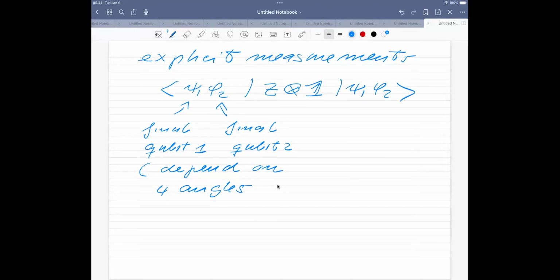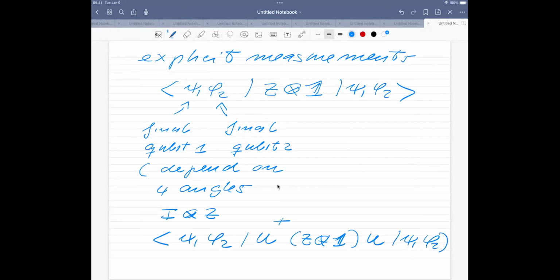My next, however, when I take the term which is I tensor product with Z, I need to perform a transformation here. So what I need then is to calculate psi1 and then phi2. But now I have this transformation where I have U, and this is multiplied with Z times the identity matrix, multiplied with U, and then psi1 and phi2, and where this one is a swap gate.